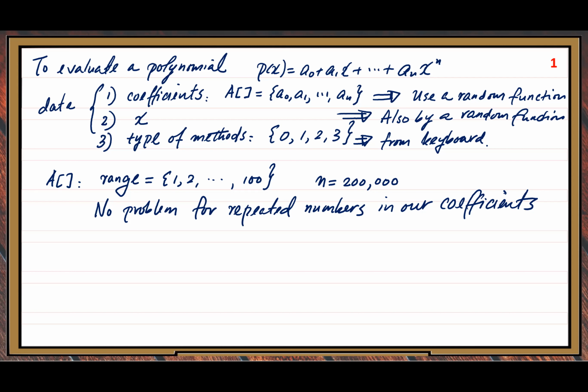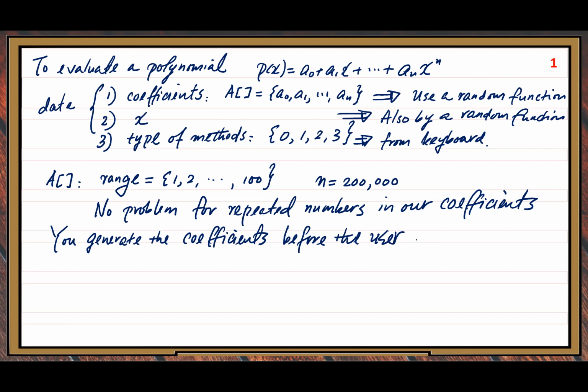after you generate coefficients, you put it aside, because you generate the coefficients before the user selects a method type.